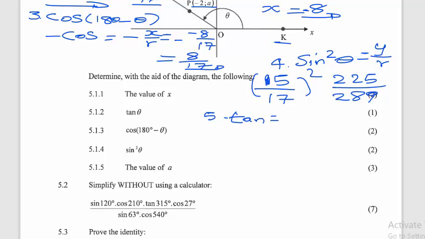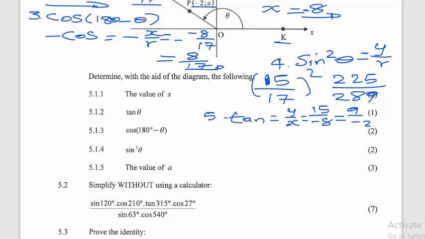So tan is equal to y over x, which is the same as, remember, we already know the y for the other point, which is 15. And we know the x, which is negative 8. And for the other y over x, we have this. So it's given. y is a, and x is negative 2.